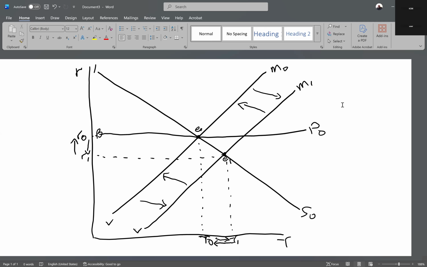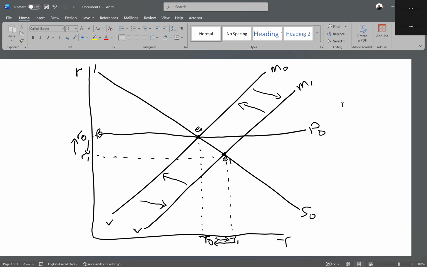As we continue, I would want you to take note that under flexible exchange rate regime, monetary policy is always effective. Is that clear? Yes, sir. And under fixed exchange rate regime, fiscal policy is always effective.